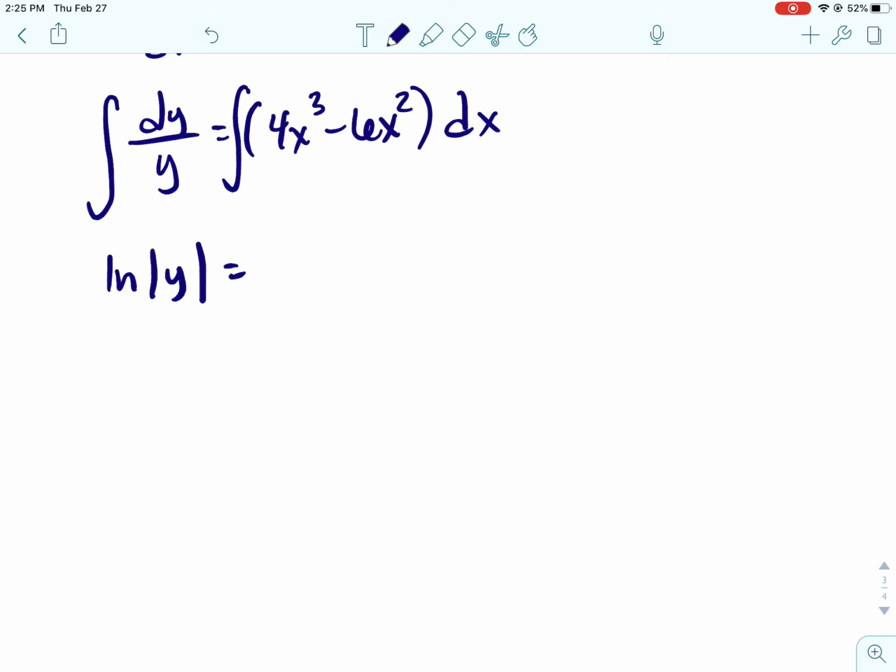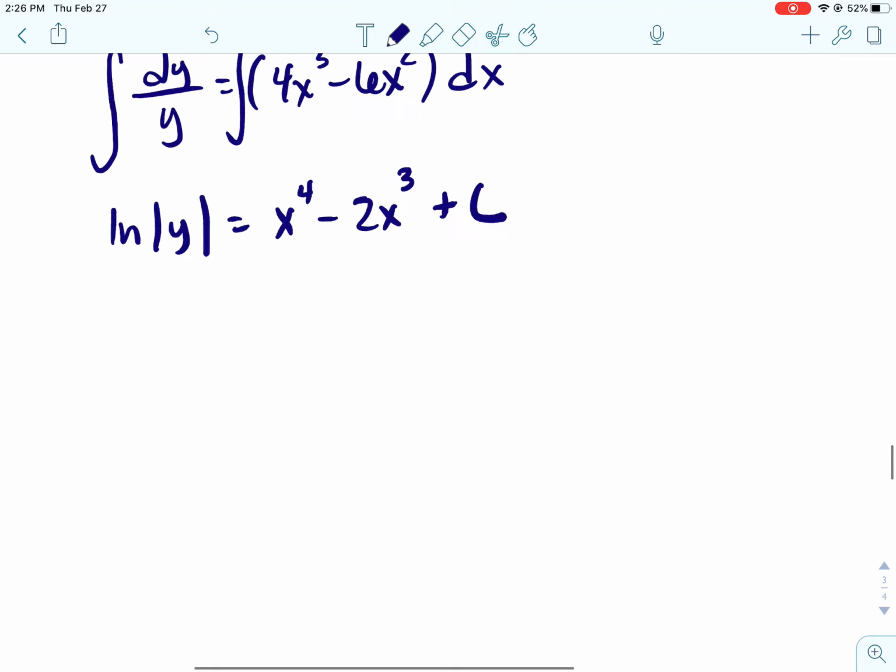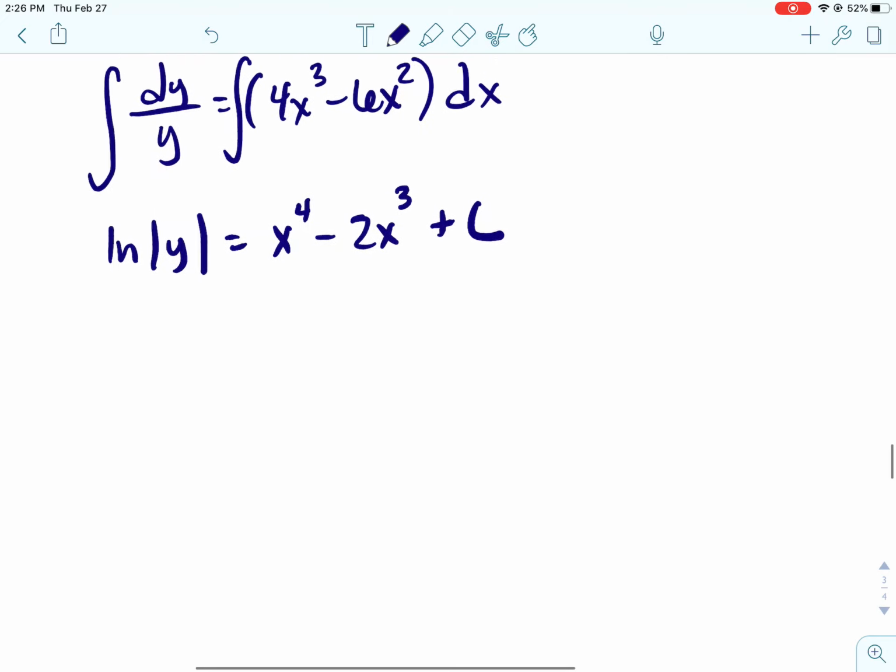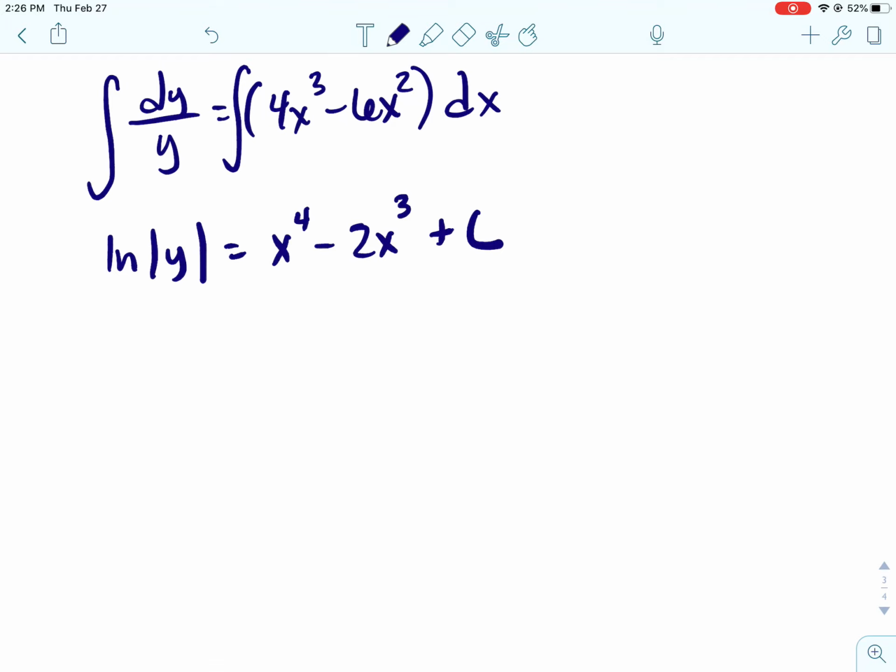All right, for the second one, I'm going to do the power rule for antiderivatives.